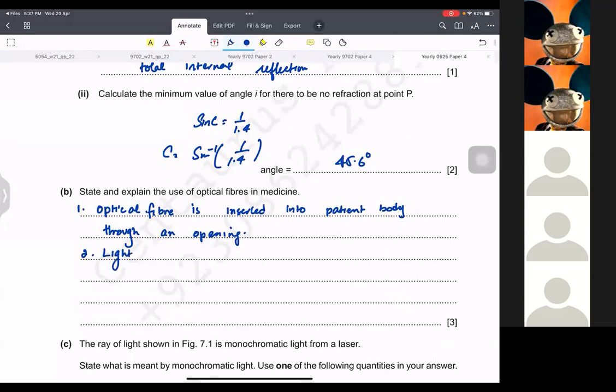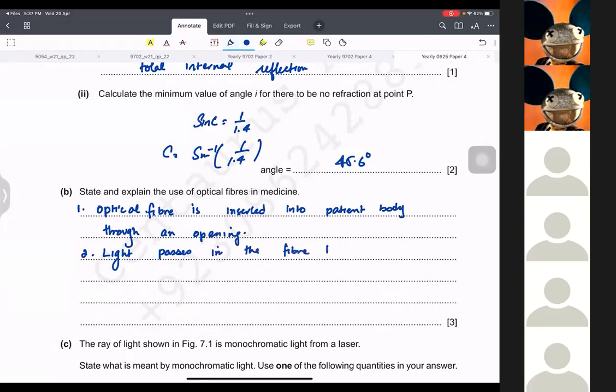Light passes in the fiber to the member being studied, examined, treated, whatever you want to write.